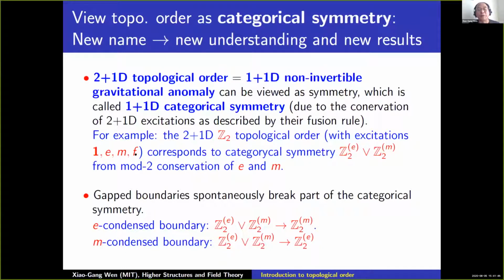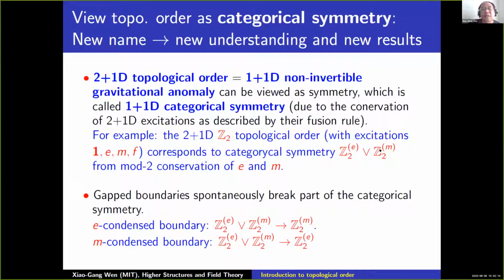That's another symmetry. But actually, because F is a bound state of E and M, this one is not independent. There are only 2 independent Z2 fusion rules. In physics, when you have a conservation, we say there's a symmetry. So therefore, this 2+1D Z2 topological order has a Z2 symmetry coming from the conservation of E and a Z2 symmetry coming from the conservation of M. So I have 2 symmetries.